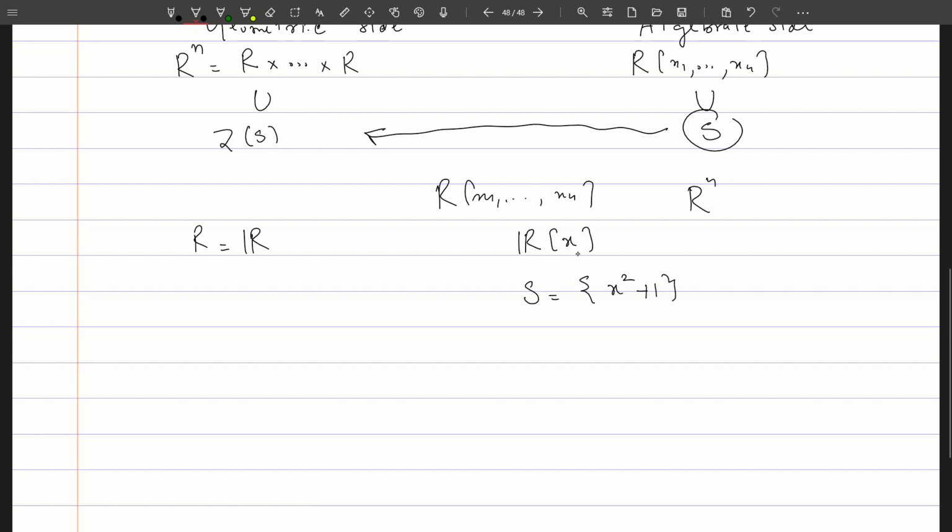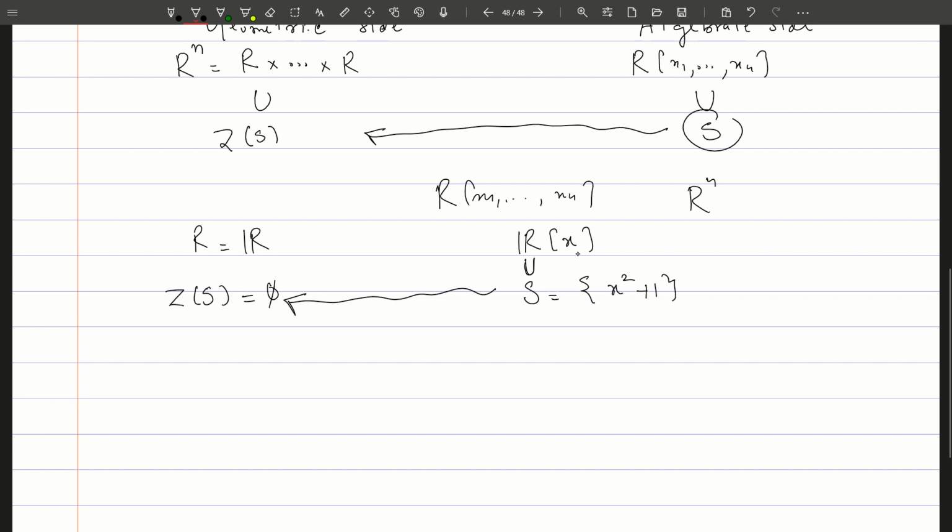Now since this polynomial does not vanish at any point of R, corresponding to this set S the zero set is empty.